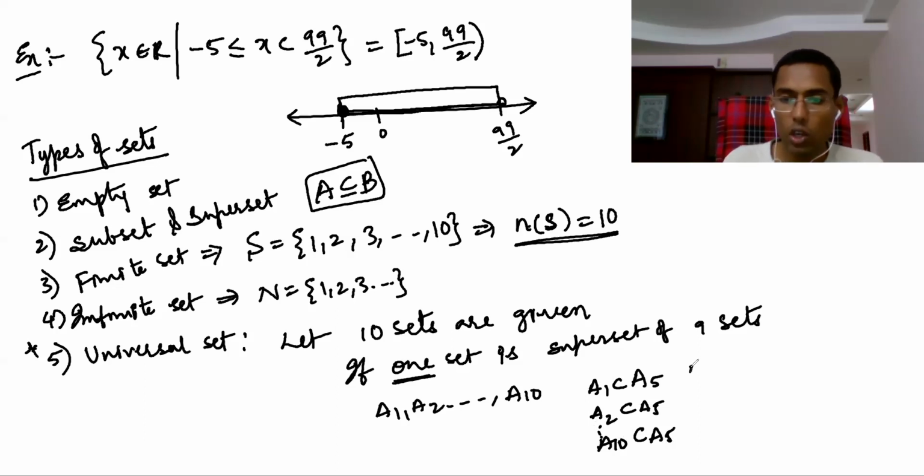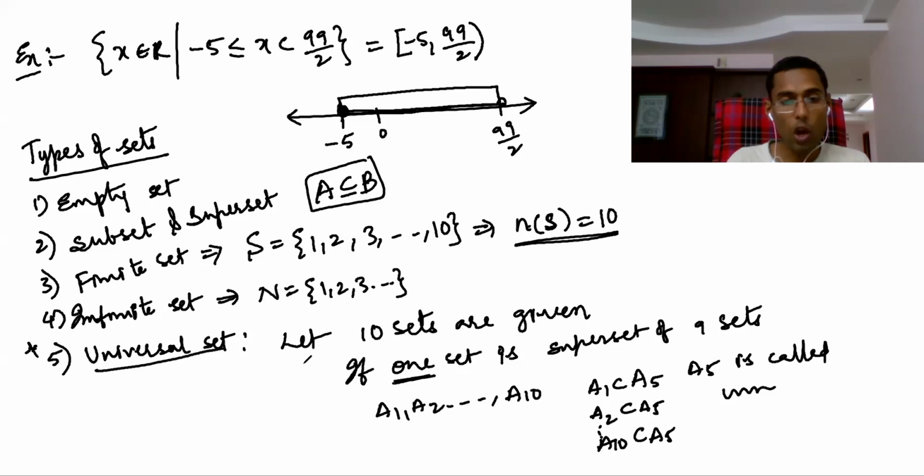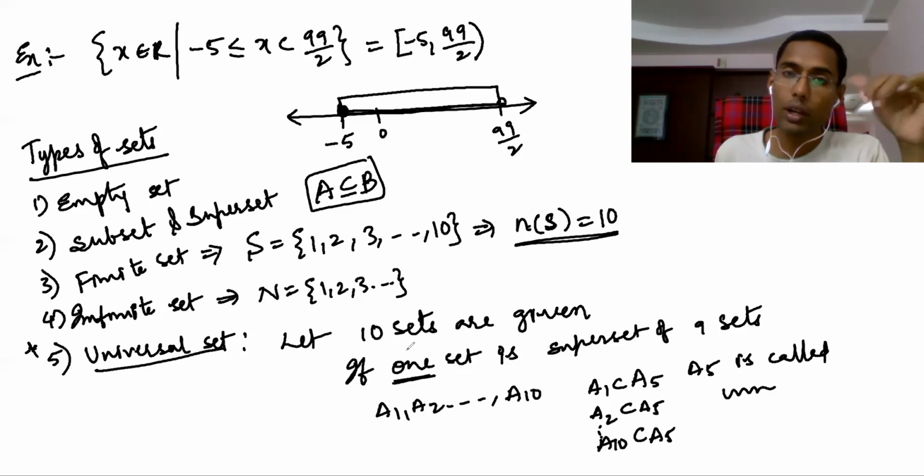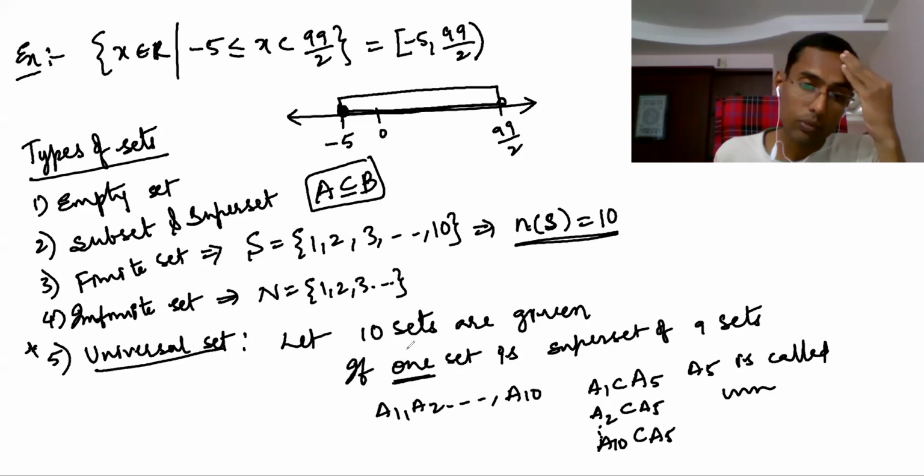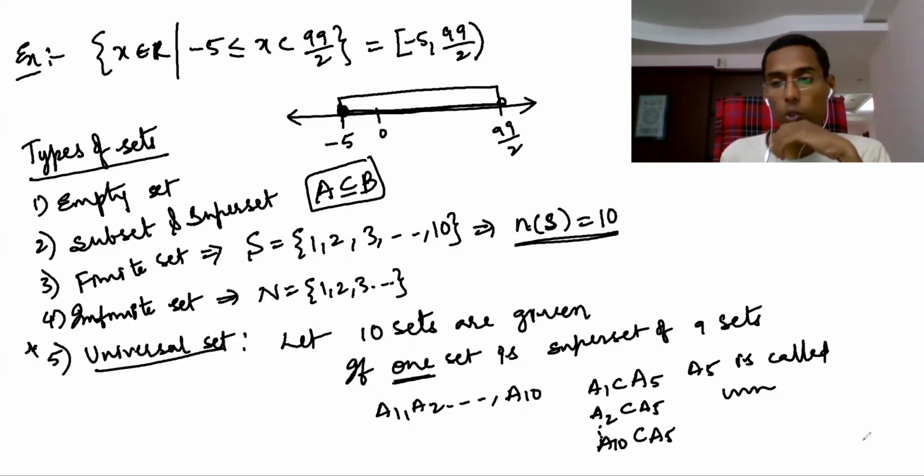So A5 is called a universal set. Universal means this is under consideration. How many sets are we taking? If you take 20 sets, and among those 20 sets one set is a superset of all the remaining sets, then that set is called a universal set.